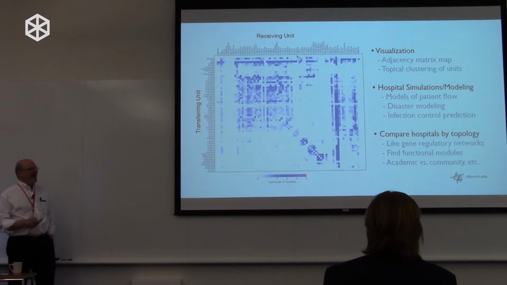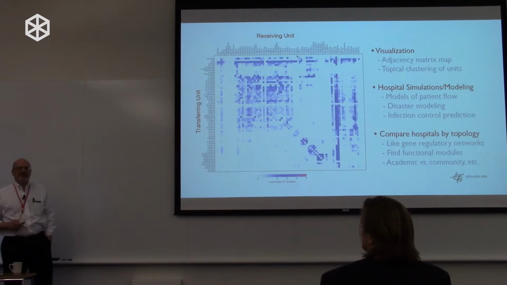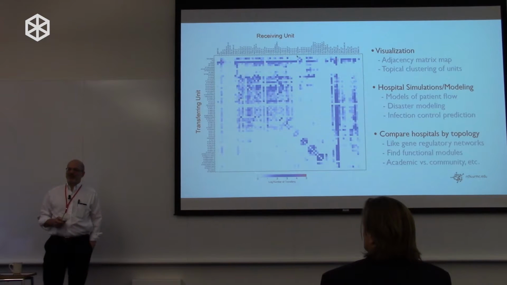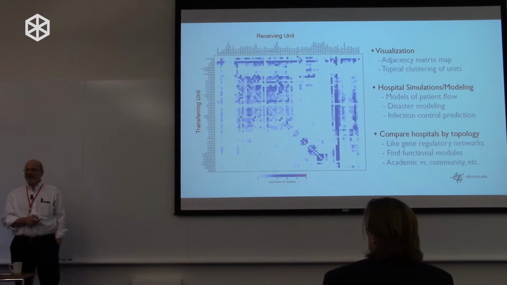The other application for this is with these clusters, just like you would identify gene regulatory networks by genes that are connected to each other, we can create a feature vector signature of hospitals, and we can compare hospital topology across hospitals. So those are some of the derivative projects that we're working on for this.